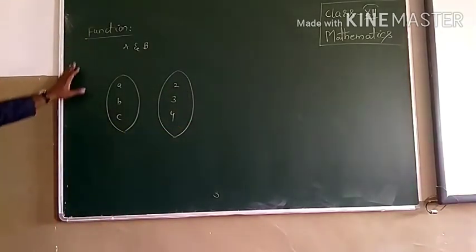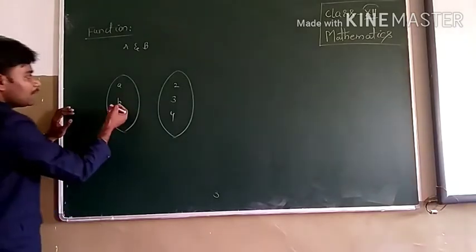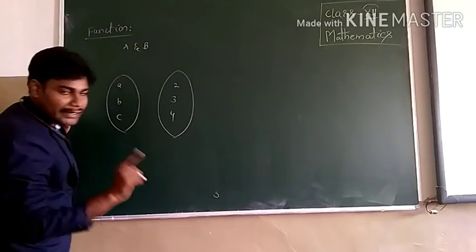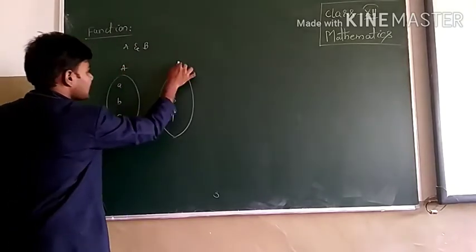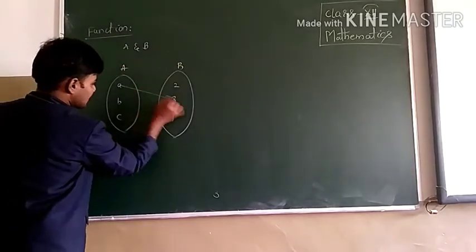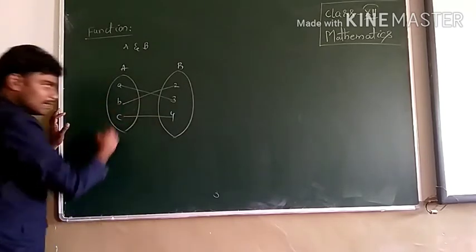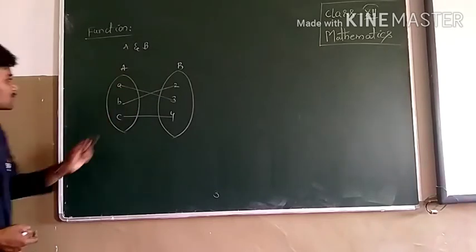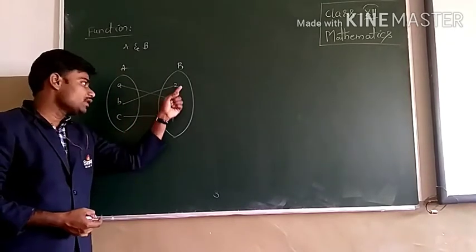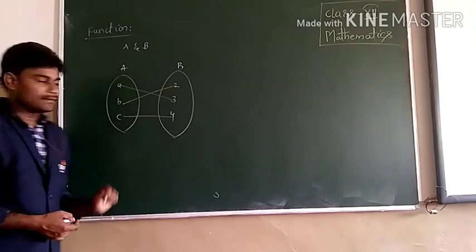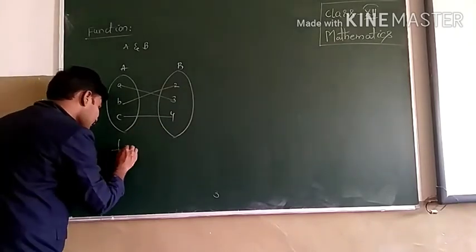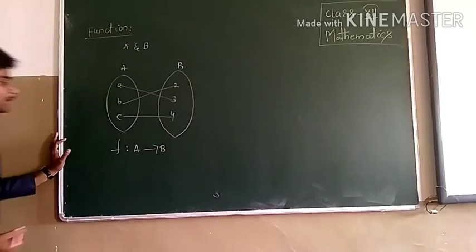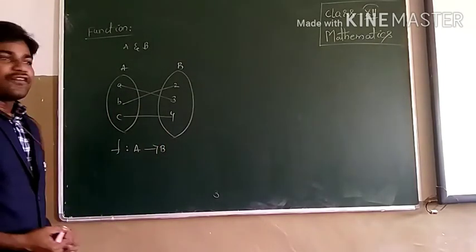Here, the function says that every element of A is mapped with exactly one element of B. This is A, this is B. Here, this mapping diagram represents f. A to B is a function because every element of A is mapped with exactly one element in B. So that's why we can represent the function as f from A to B. Okay? f from A to B is a function.